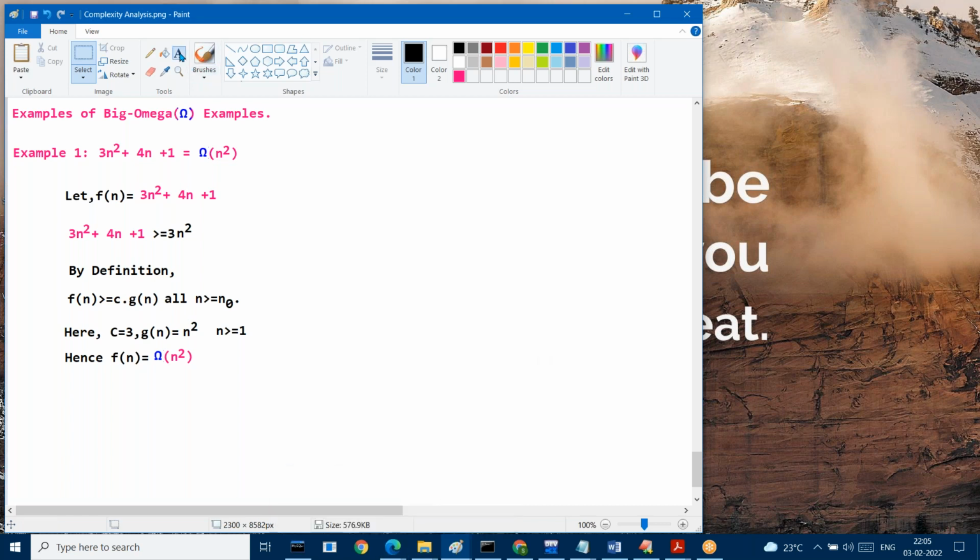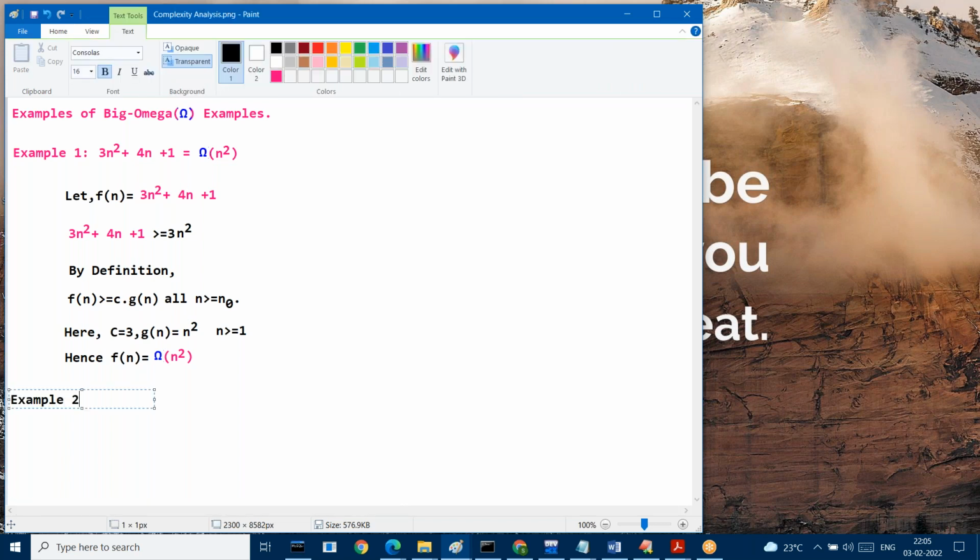Now I hope if I give this second example, you will be able to do that very easily. Same example, I will copy paste.